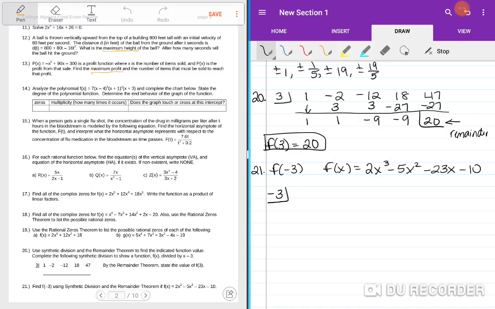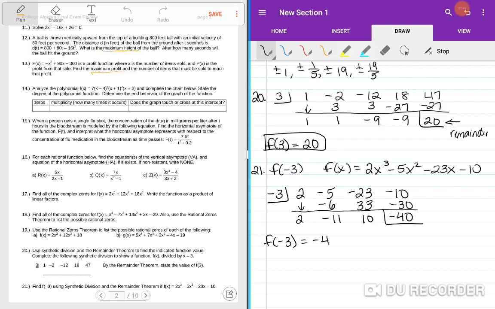We're going to put our coefficients here: 2, negative 5, negative 23, and negative 10. Bring down the first number, 2. We multiply, we get negative 6. This is negative 11. Positive 33. 33 minus 23 is 10. Negative 30. Negative 40. So that means the function value f of negative 3 equals negative 40.